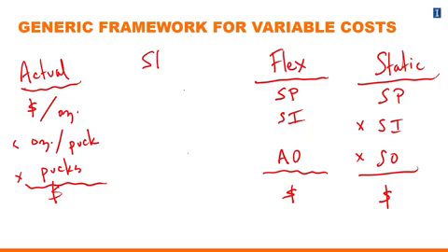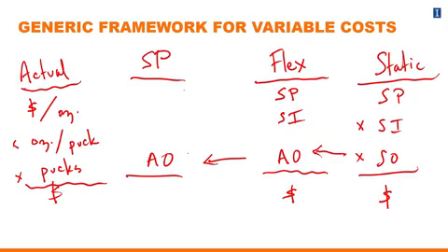The next column in doesn't necessarily have an official name. I just call it the standard price column. And in that one, we're going to change the next component. We've already changed standard output to actual output as we've moved from right to left, so we can leave that the same, actual output. But what we haven't done is consider how the standard input per output differs from the actual input per output.